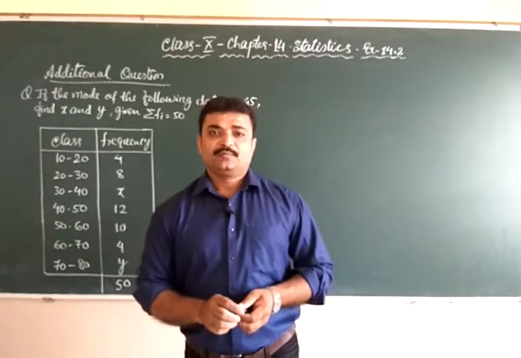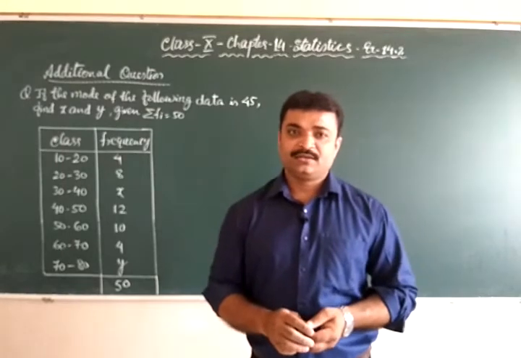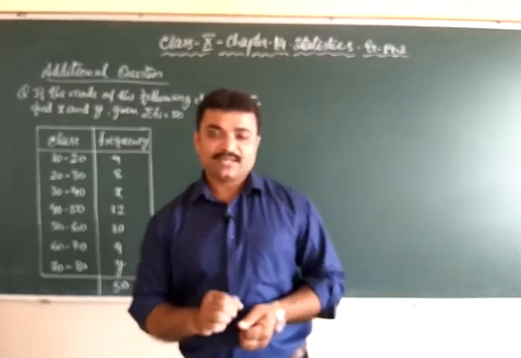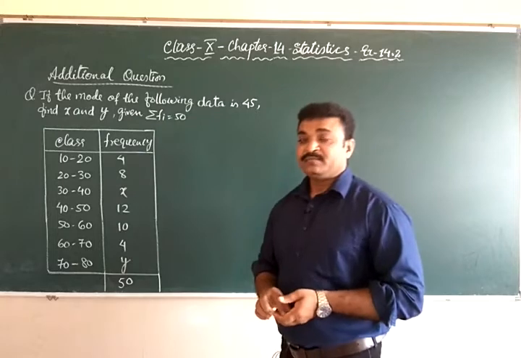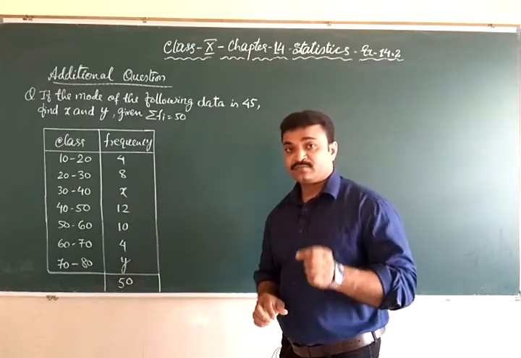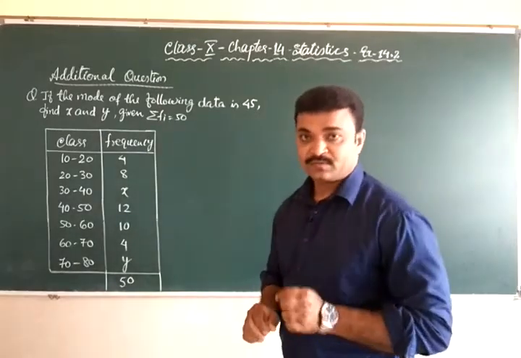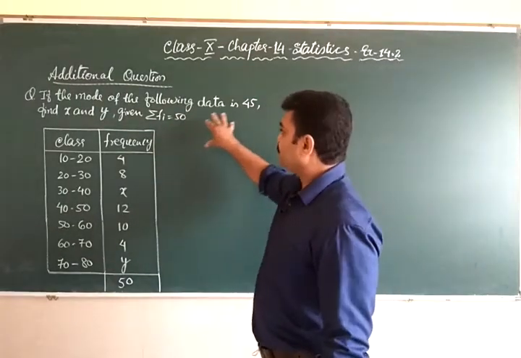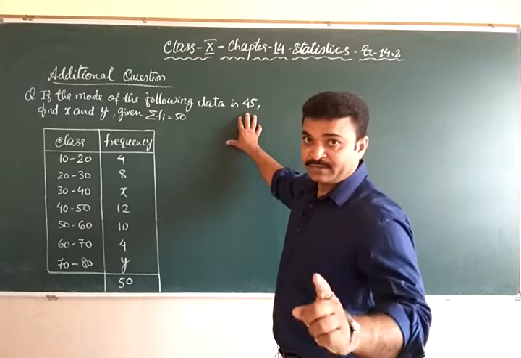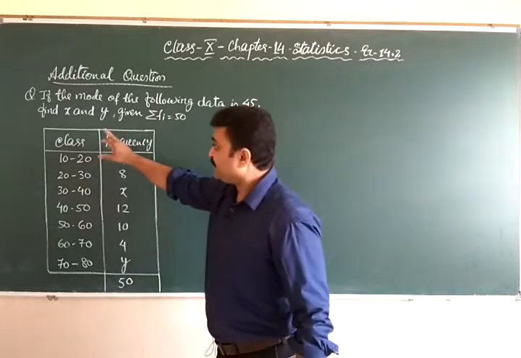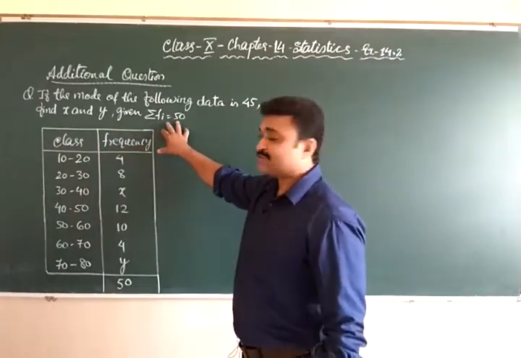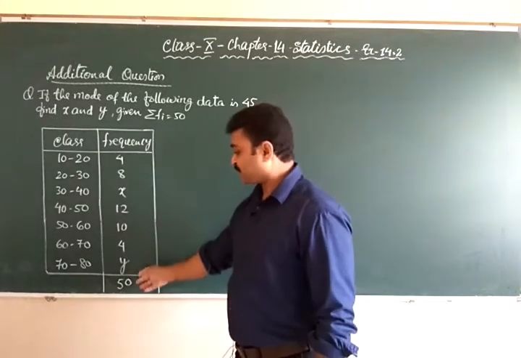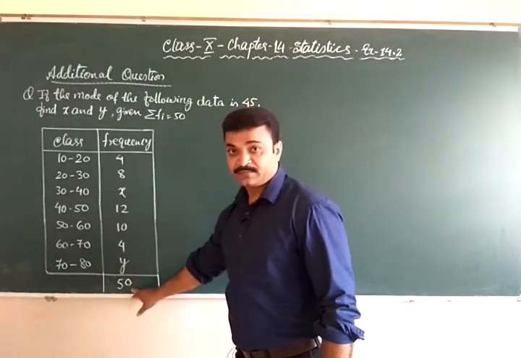Students, before starting median, we will solve one question in which we have to find the missing frequency if the mode is given. I am taking this example. If the mode of the following data is 45, find x and y, given sum of fi is equal to 50.